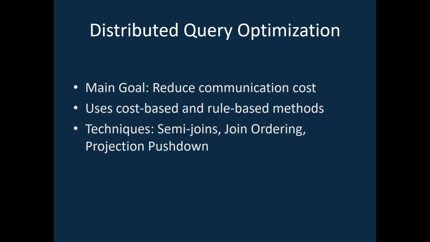Before sending the data, filter out whatever we don't need. The major technique we use here is semi joins. Instead of sending the entire tables between sites, only the necessary join attributes are transferred first to reduce the result set.